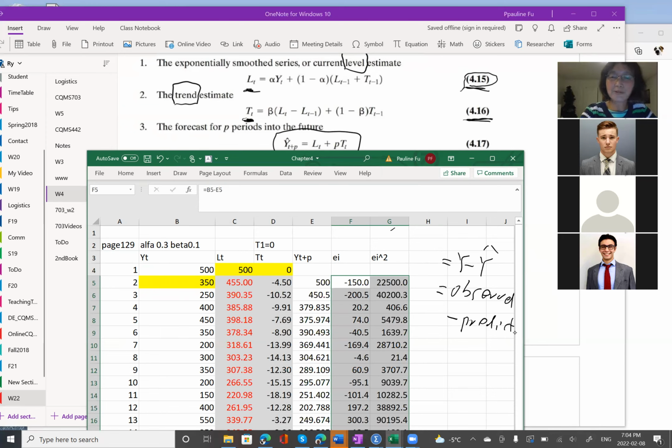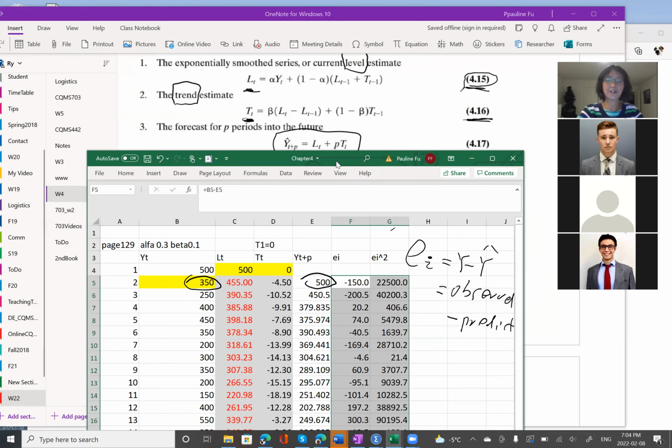I should write this as E with subscript I. So in this case, observed 350, predicted 500. So use 350 minus 500, you get negative 150. Thank you for asking.